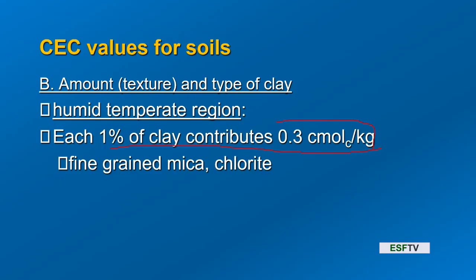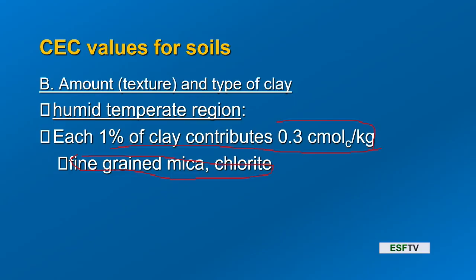So what are the types of clays that are common in the Northeast in these humid environments? Fine-grained mica, chlorite, okay? Probably one of the more common types of clays. We had a graph, a table, a spreadsheet, where I looked at the different colloid types, the silicate clays, and one of the things I asked you to remember was the average CEC.